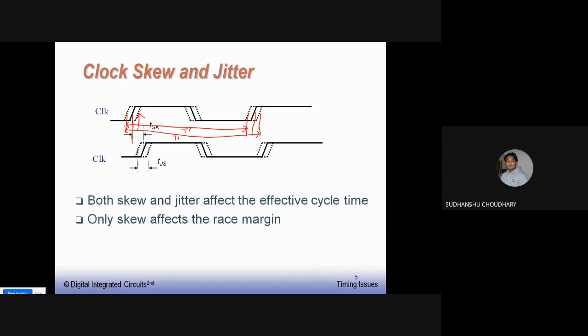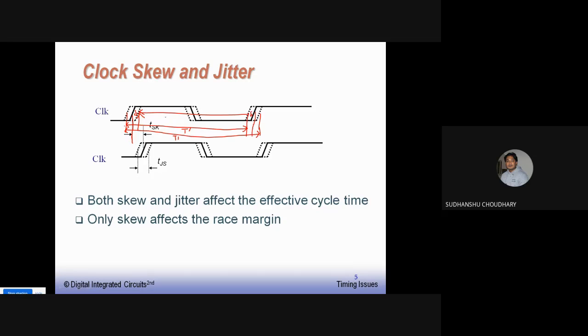So it could be starting late, that is this point here, and ending early. In this case, the time period is the same, no issue. Let us say this is delta and this is also delta.